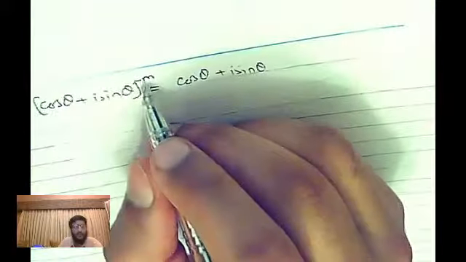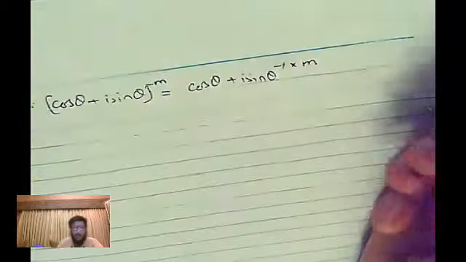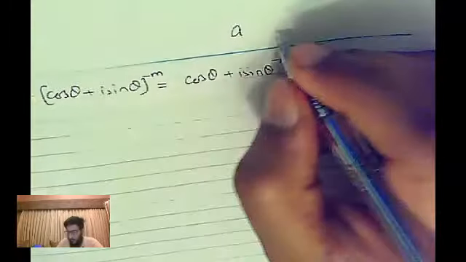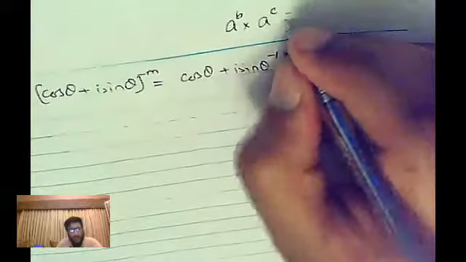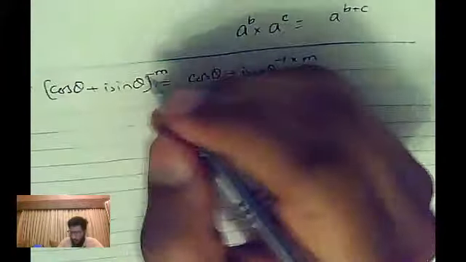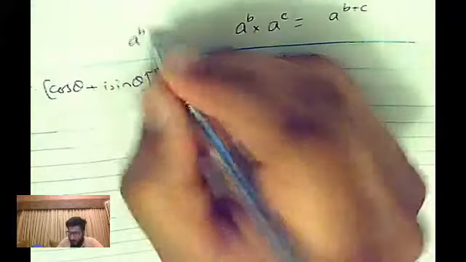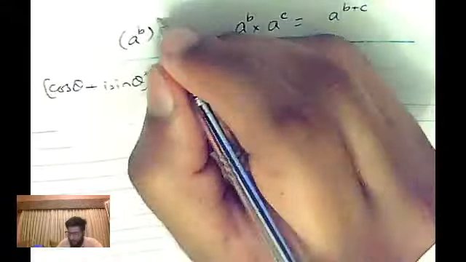Now, as you know, we can write this minus m as minus 1 times m. Now, when does the power multiply itself? As we know, when the same bases are being multiplied and they have different powers, their powers add up. But what happens when a number is raised to a power and that entire thing is raised to another power?